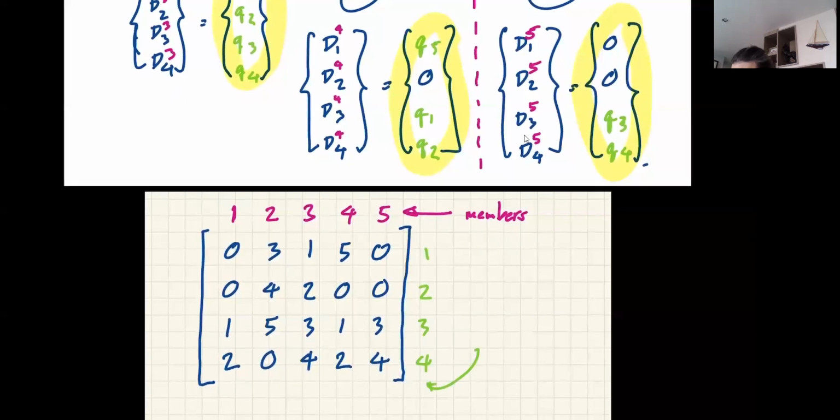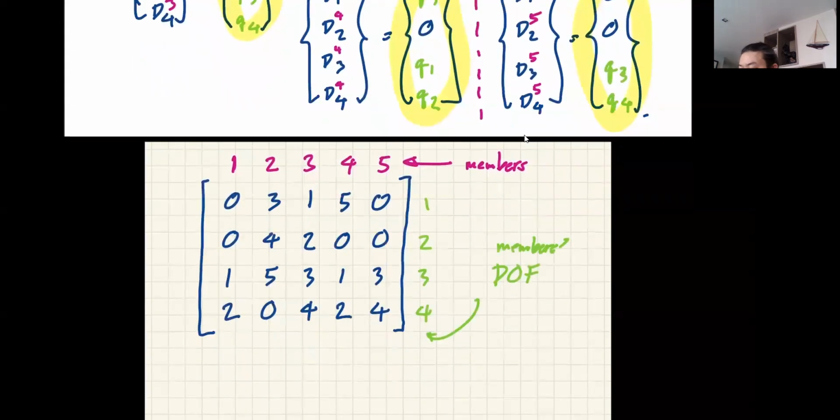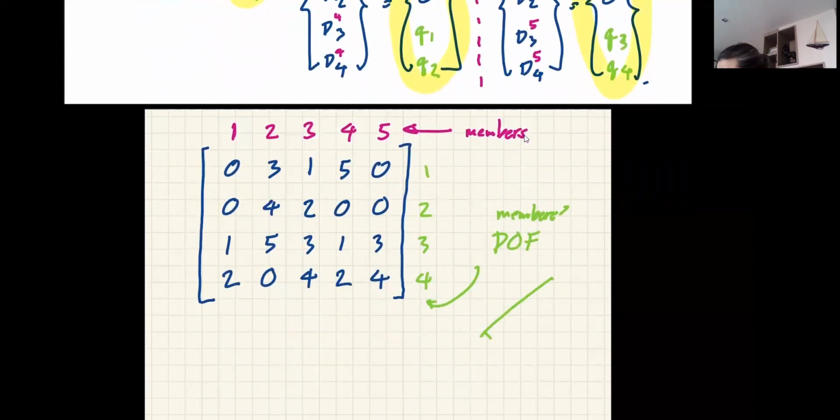This is the degree of freedom of members, right? When you look at one truss member, it doesn't matter what direction you're in. When you look at the global direction, you always have 4 degrees of freedom for one member, correct?